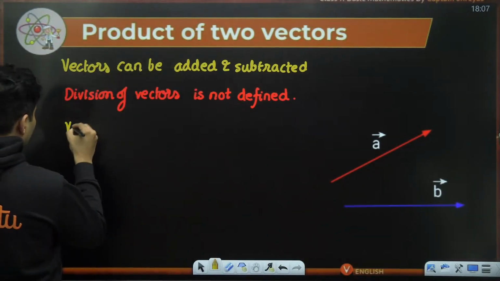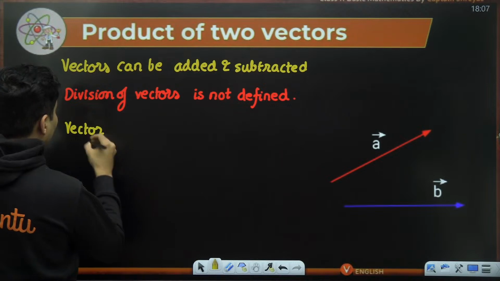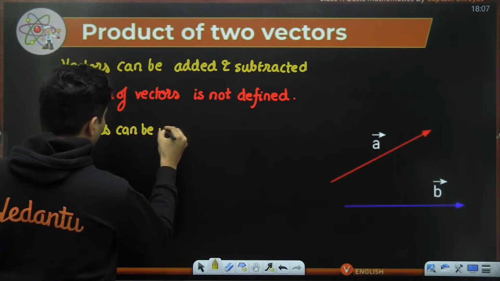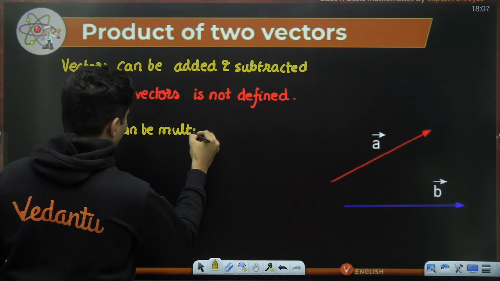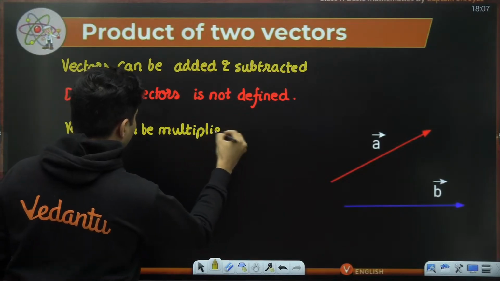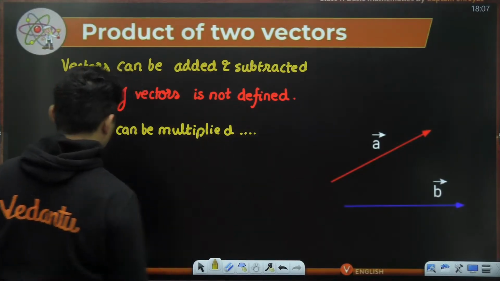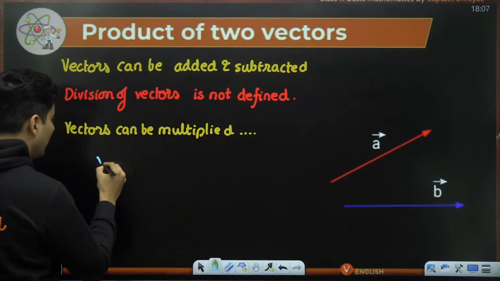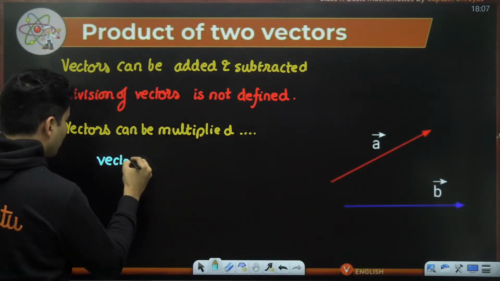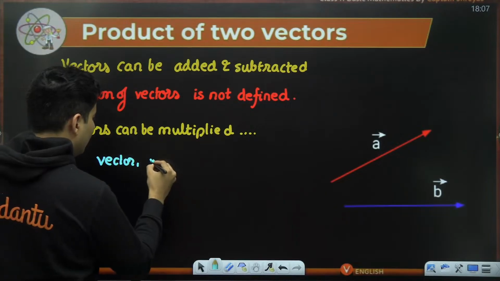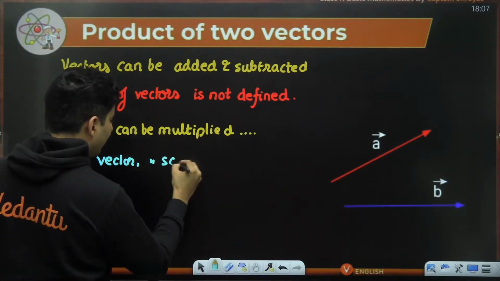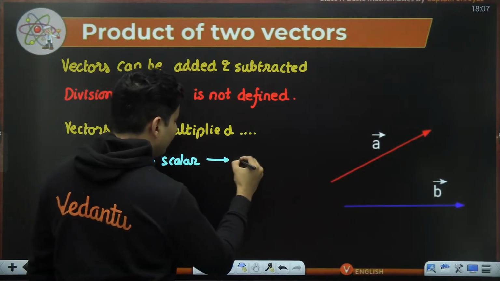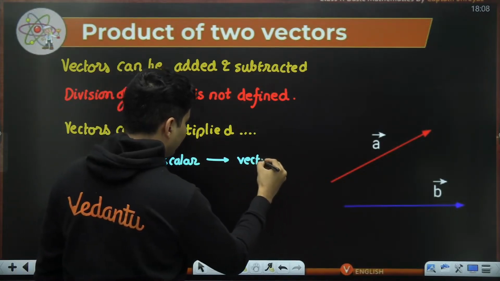Vectors can be multiplied in the following ways. Number one, you take a vector and multiply it by a scalar. The outcome will be another new vector.